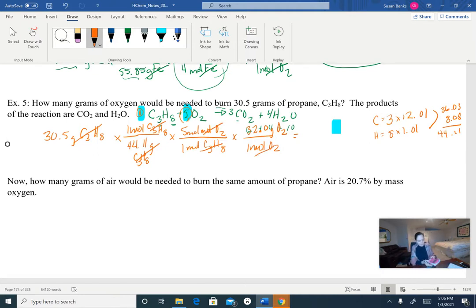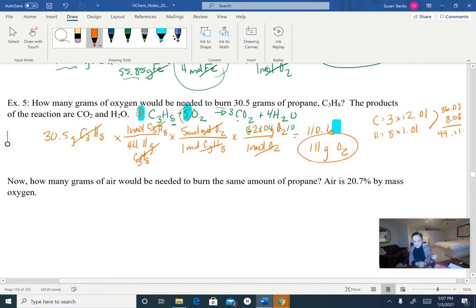So let's do the math. So 30.5 divided by 44.11 times 5 times 32. We've got 3 sig figs here. So my calculator gives me 110.6. That 6 tells me to raise it up. So 111 grams of oxygen is what I would need to combust that propane.